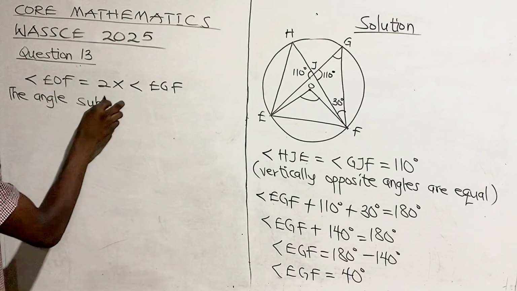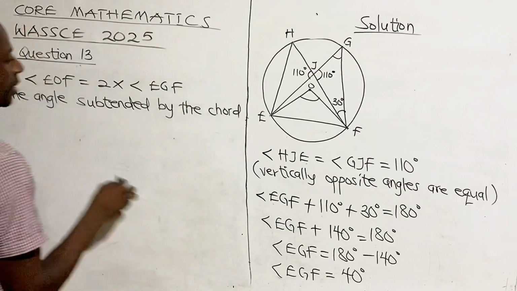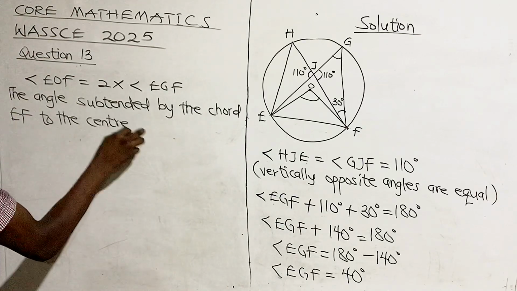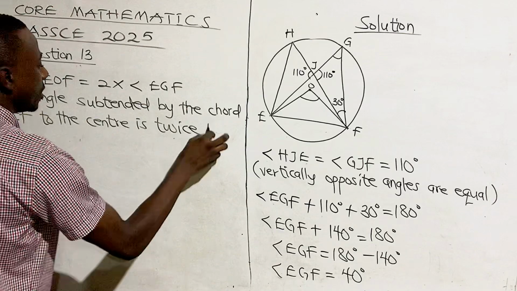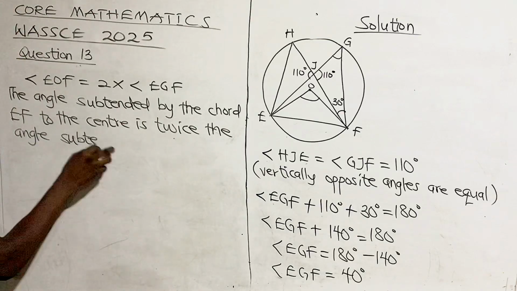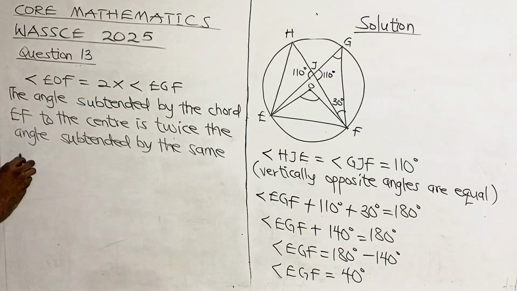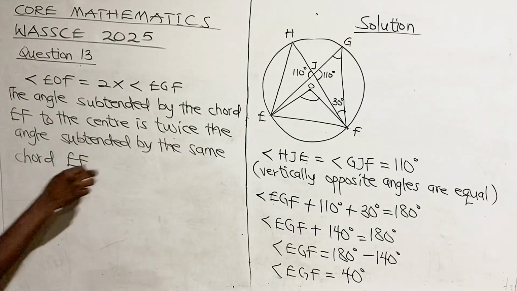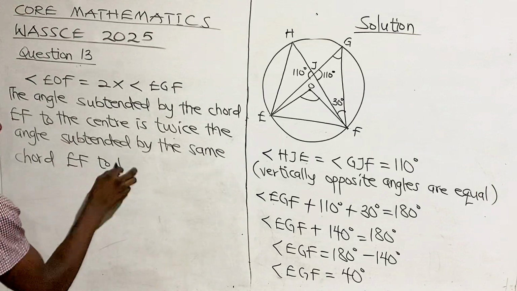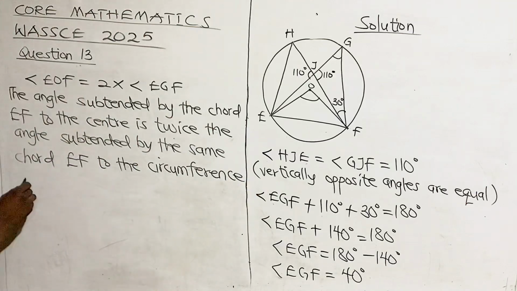The angle subtended by the chord EF to the center is twice the angle subtended by the same chord EF, but this time around this EF has been subtended to the circumference of the circle.